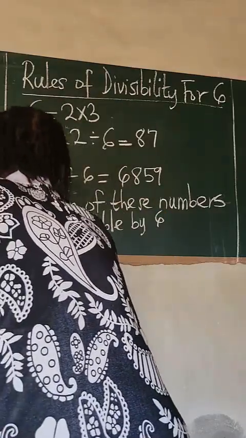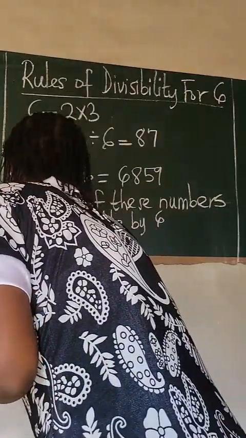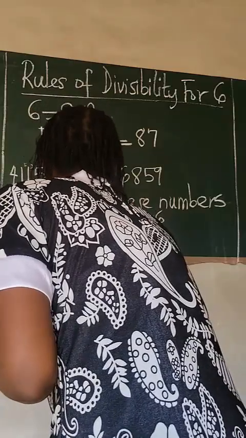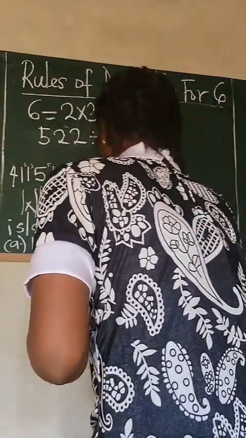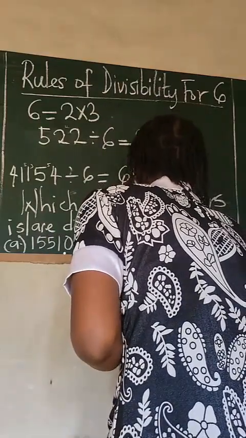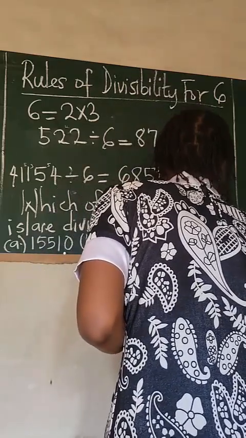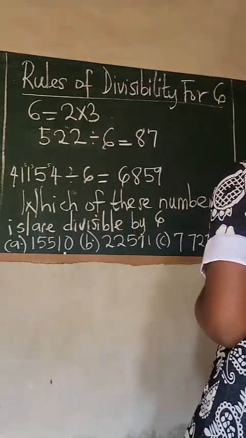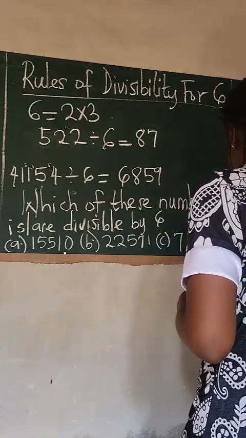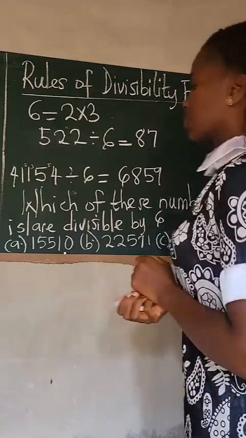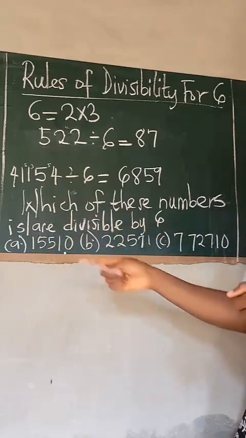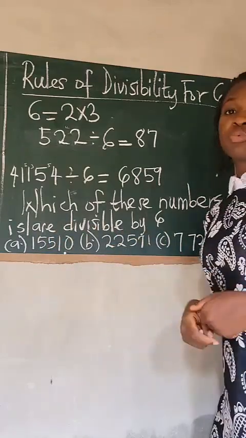So you have A, 155, 10, 22571. So the exercise for the week is which of these numbers is or are divisible by 6. So which of these 3 numbers are divisible by 6?